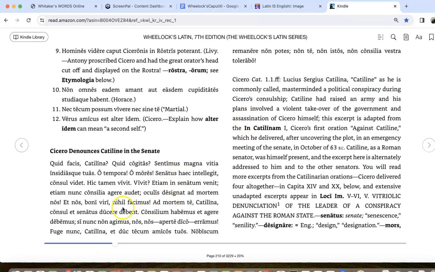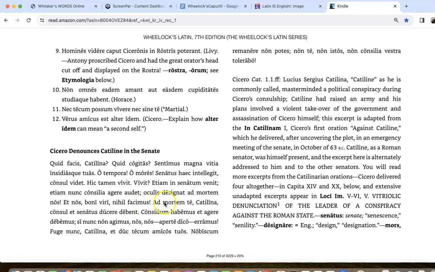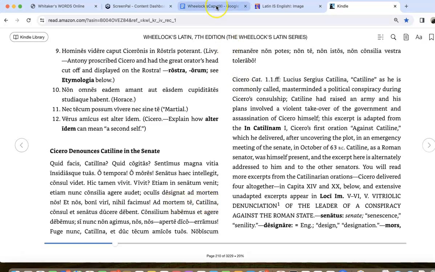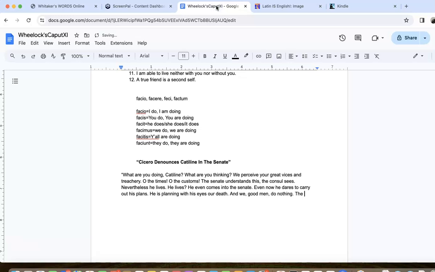So, and we do nothing, right? To death you, Catiline, consul and senate ought to lead. So here we'll probably start here. So the consul and senate ought to lead you, Catiline, to your death.